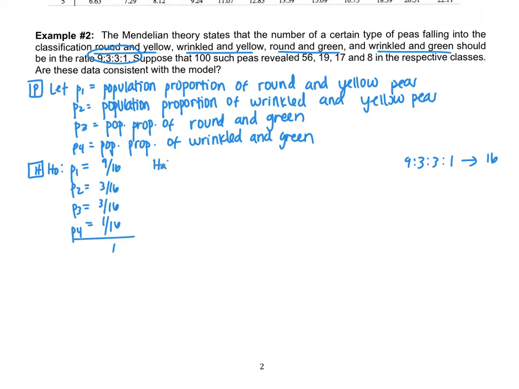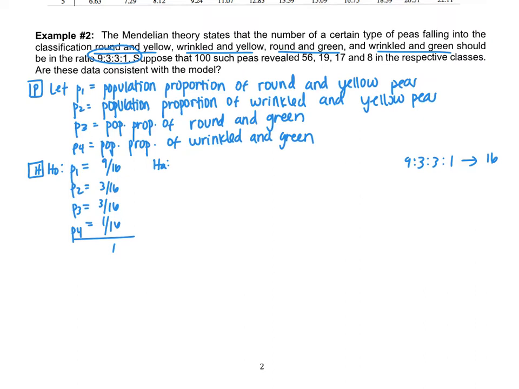Your alternative. Okay, so we have to be careful here. If the null is not true, that does not mean that all of these proportions are wrong. It means at least one is wrong.